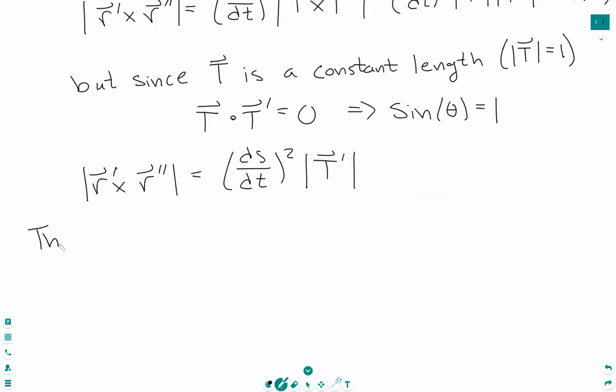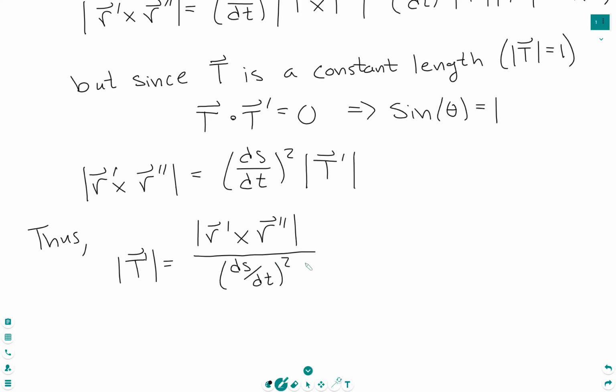So thus, the magnitude of t prime is equal to the magnitude of r prime crossed with r double prime all over ds dt squared.